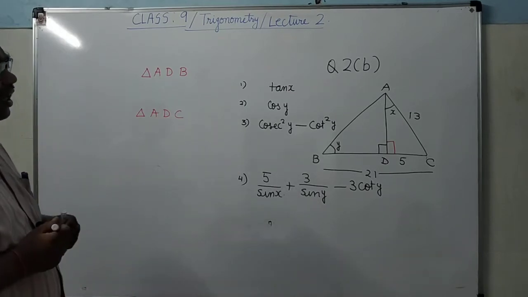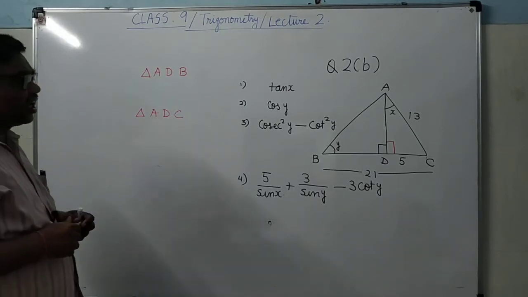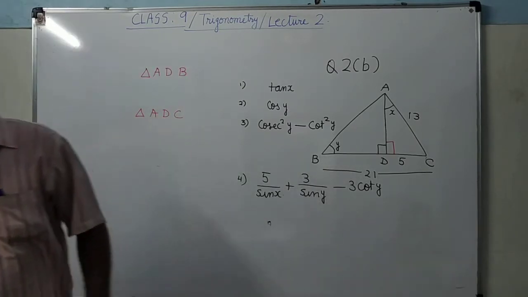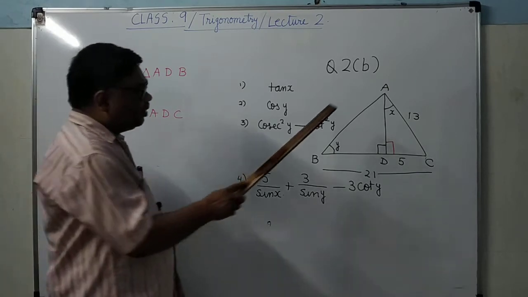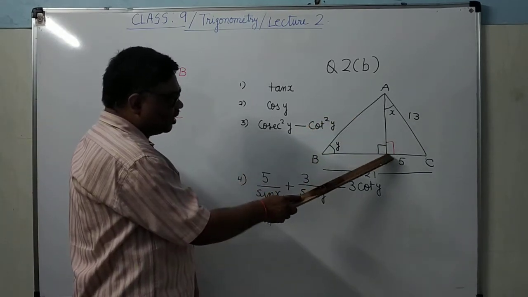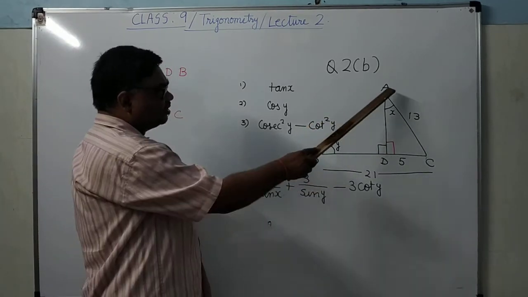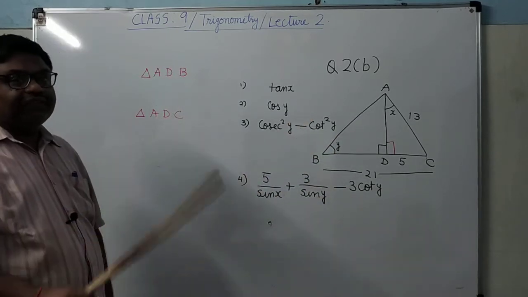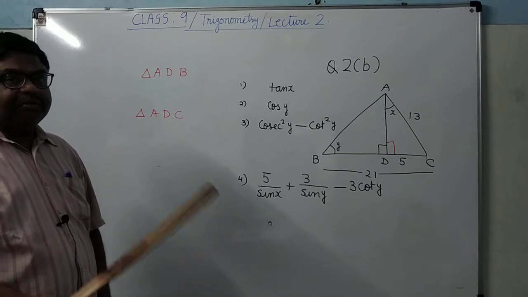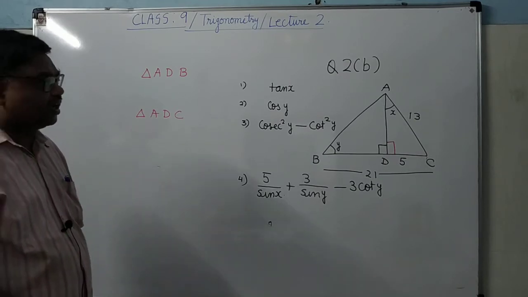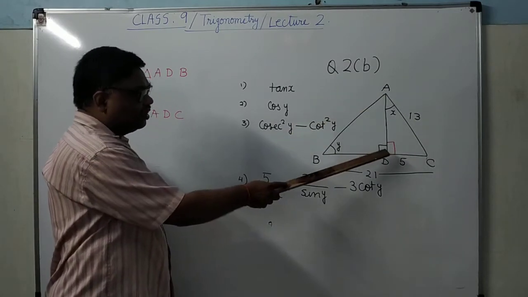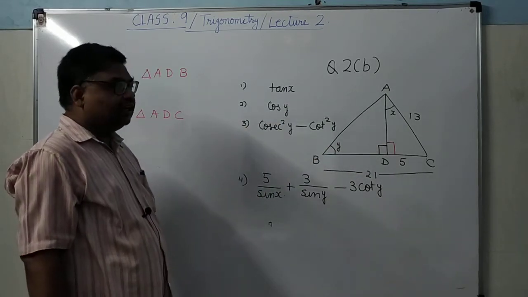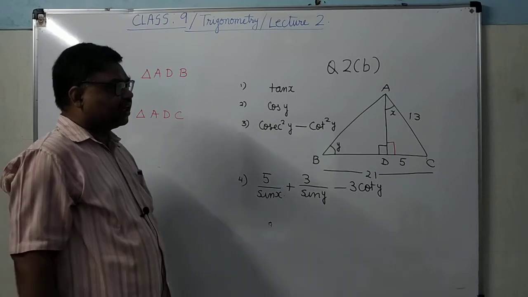In triangle ADB, how many sides are known? One side is AD, another side is BD, third side is AB. Value of none of the sides is known. किसी भी side की value हमको नहीं पता है, ना तो AD की, ना ही BD की, ना ही AB की.